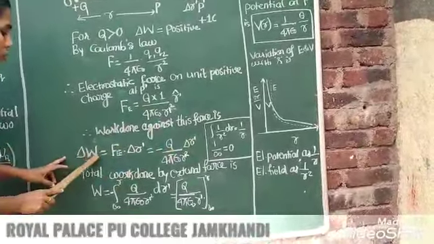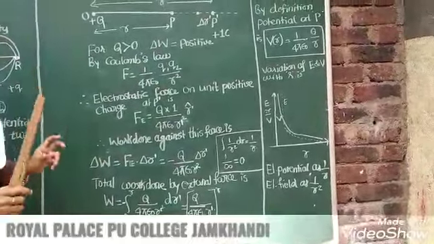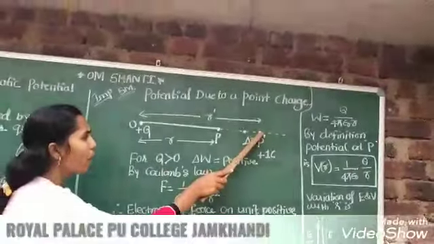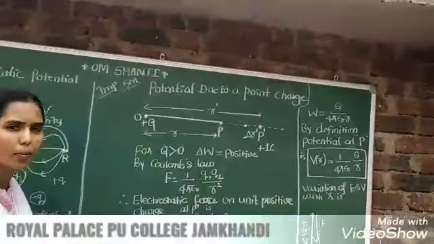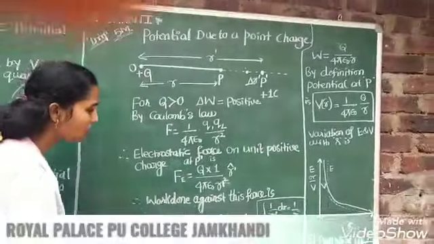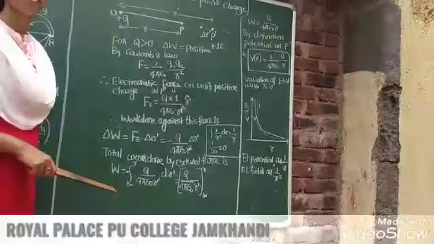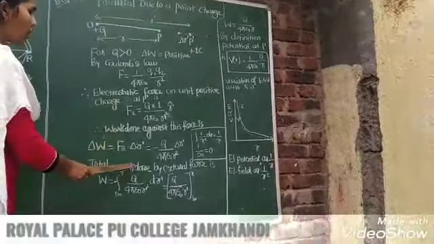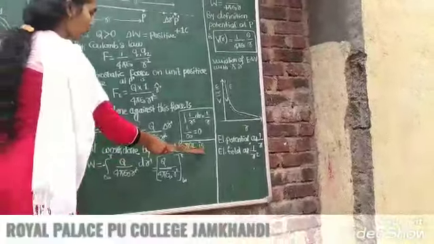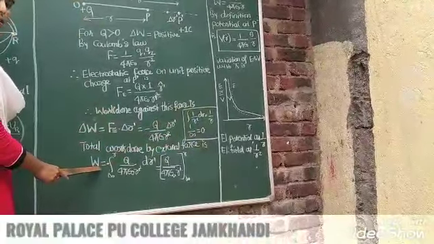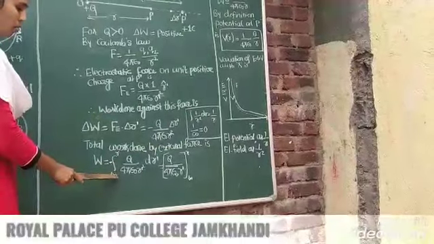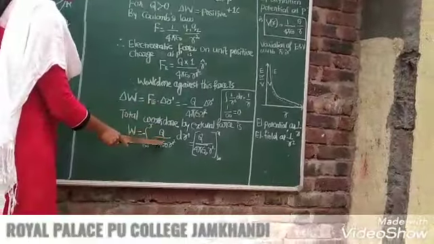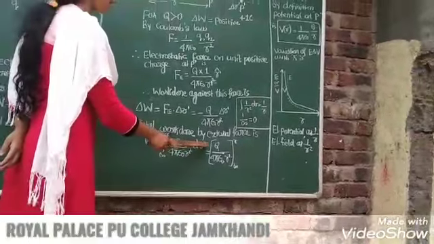So this is the small work done. But our aim is to find the total work done to bring a point charge from P dash to the point P. Therefore, total work done by external force is given by W is equal to integration from infinity to the point r of Fe, the given formula, dr dash.